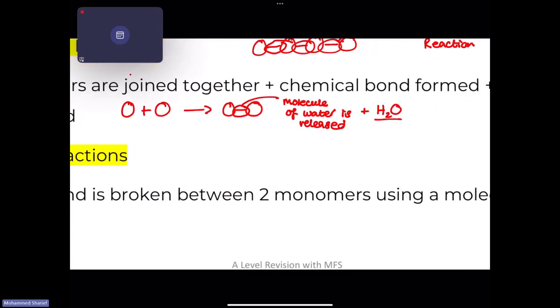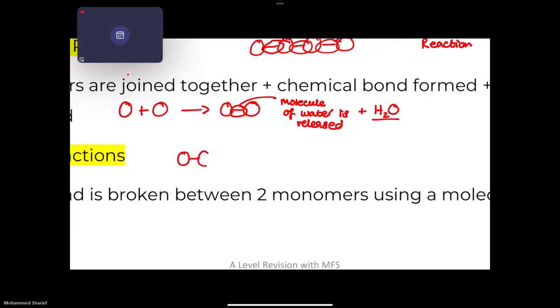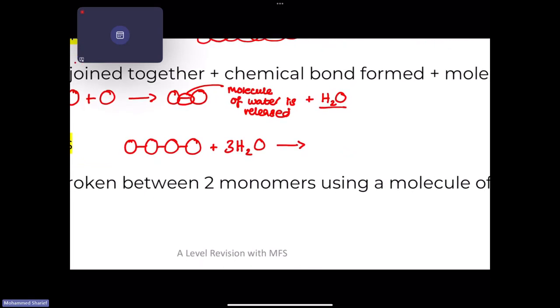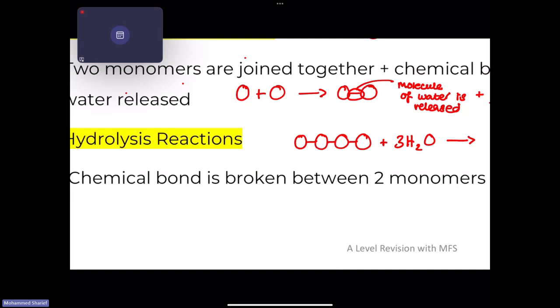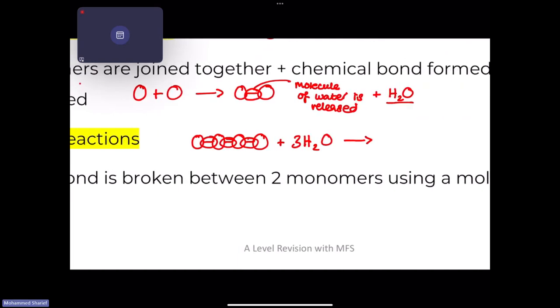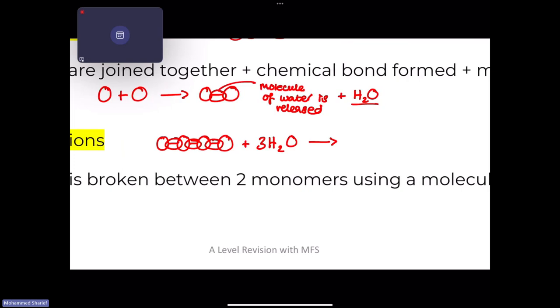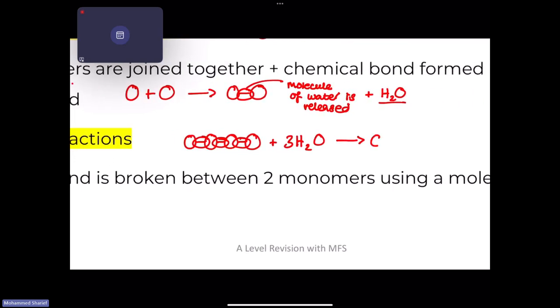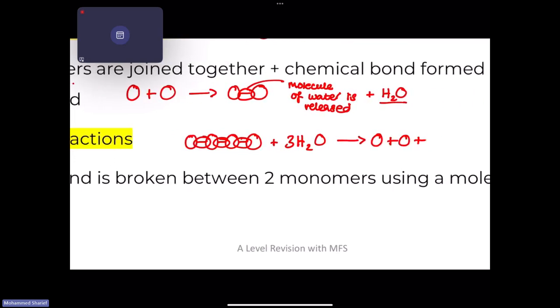For example, if we had our polymer, let's say that this was starch, and we added 3 molecules of water to this, we would break the 3 bonds. We would break this bond, and this bond. And if we break the 3 bonds, we would be left with 3 individual monomers.